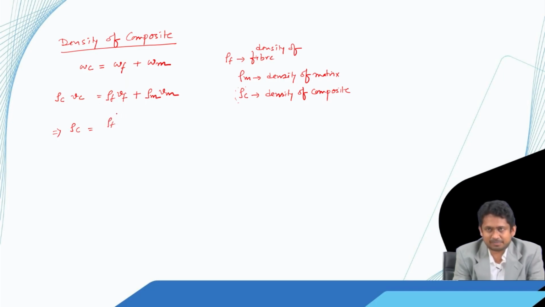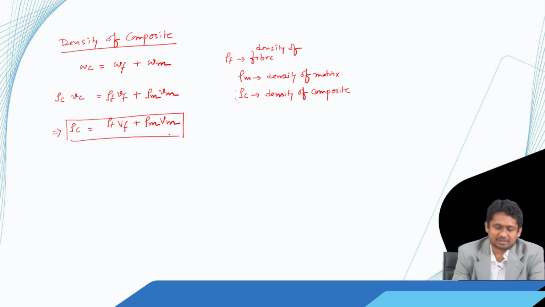So, that becomes rho f, and we have V f by V c, and that quantity is nothing but fiber volume fraction, and then plus rho m, then V m by V c, and that is nothing but matrix volume fraction. So, this is the homogenized composite density in terms of the volume fractions.